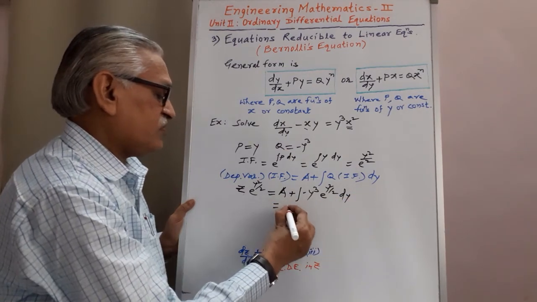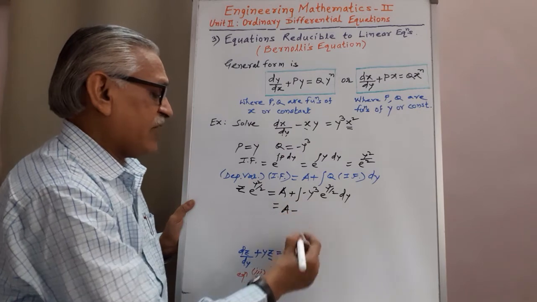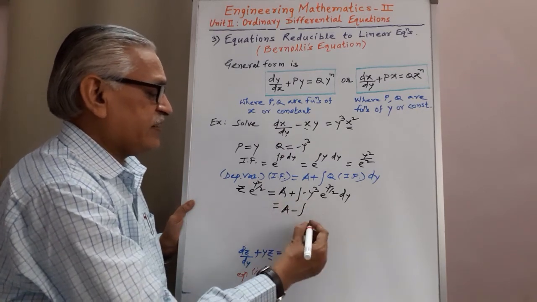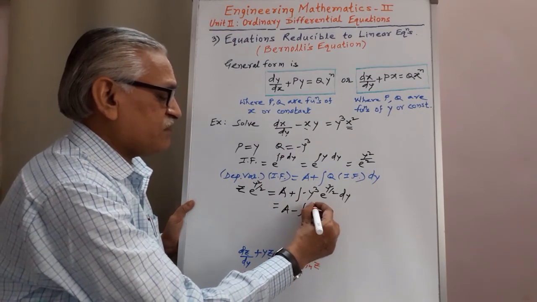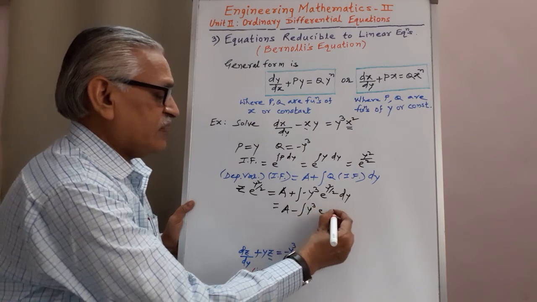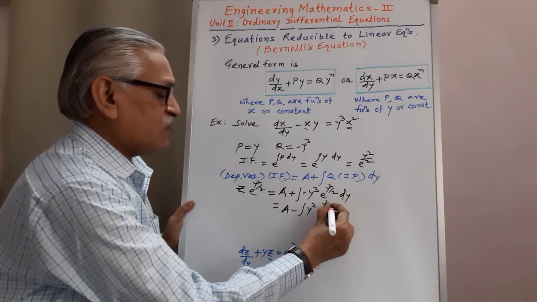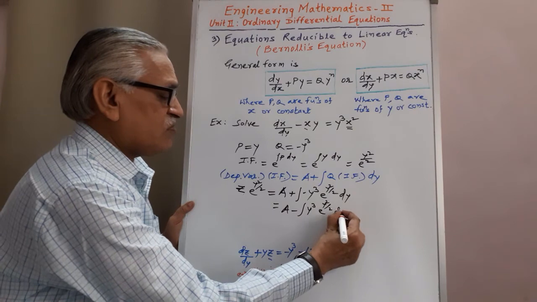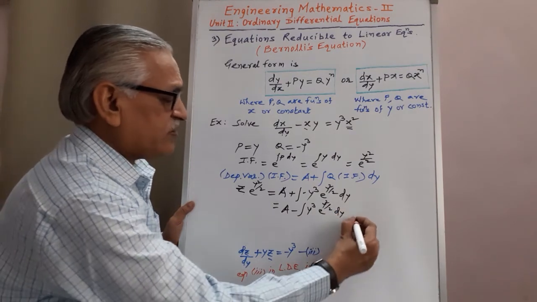It is equal to A minus, we can take outside, integration of y cube e raised to y square by 2 dy. We call this equation number 4.